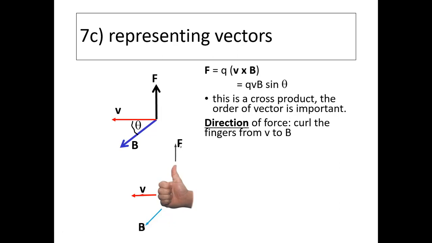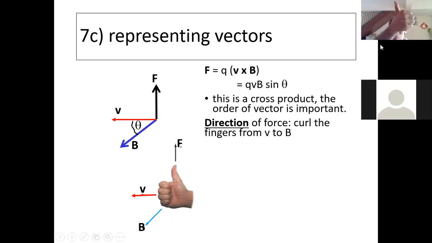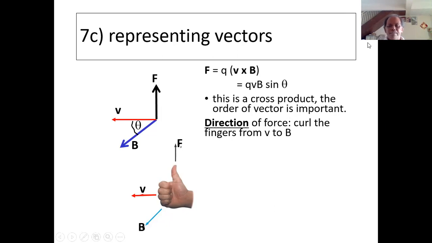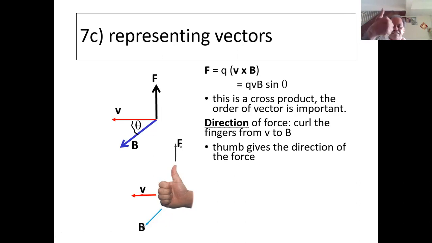For the direction of force, we use our right hand. We move from V to B, and then the thumb gives the direction of the force. Because in science there are so many rules, it's better to use the vector representation, and that's faster.